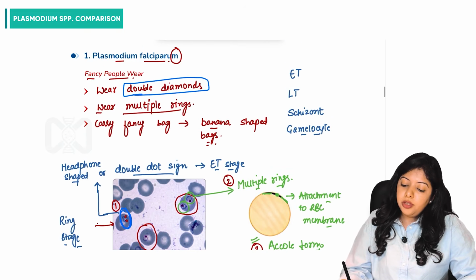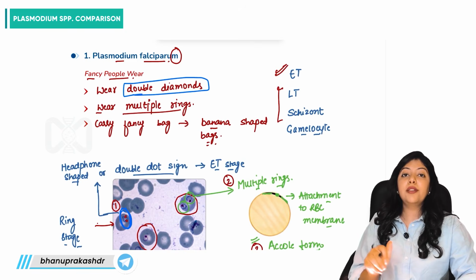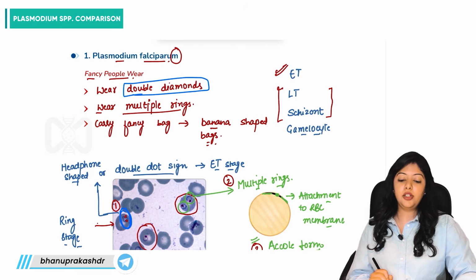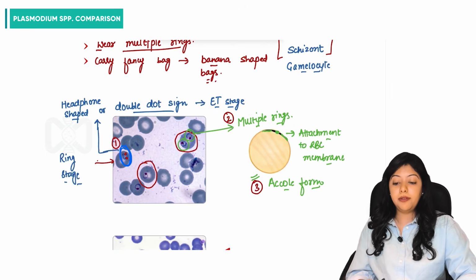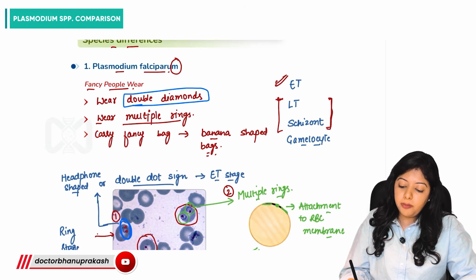Now, early trophozoite we have covered. Now, late trophozoite, in case of Plasmodium falciparum, late trophozoite and schizont stage are not seen in peripheral smear. This is a picture of a peripheral smear. So, these are not seen in peripheral smear for Plasmodium falciparum. Why?